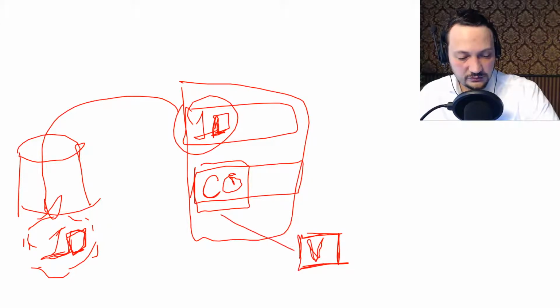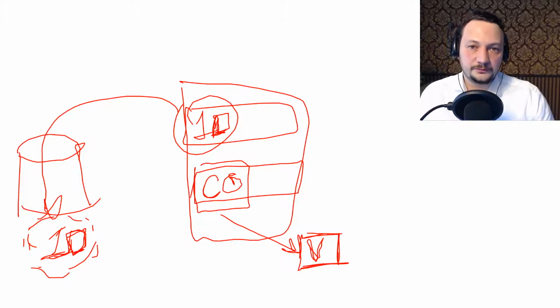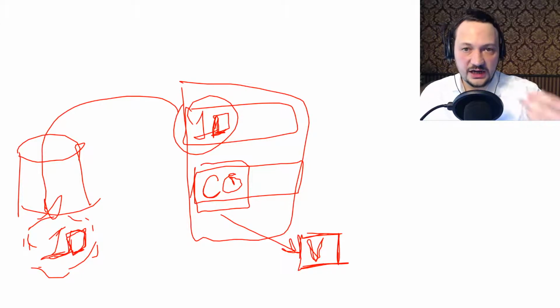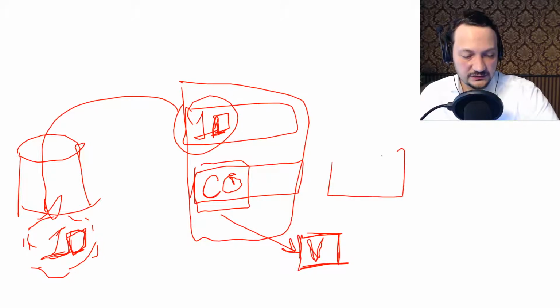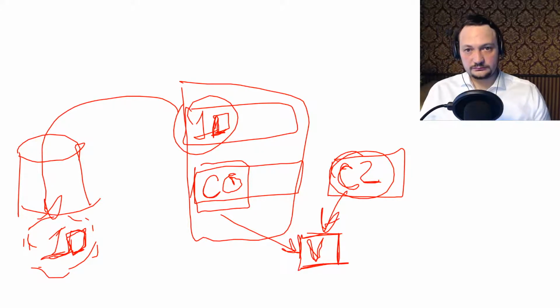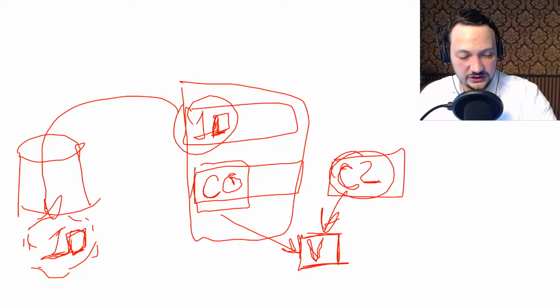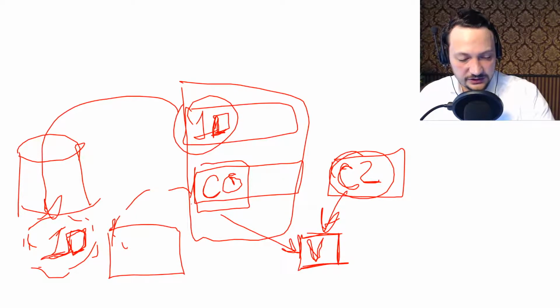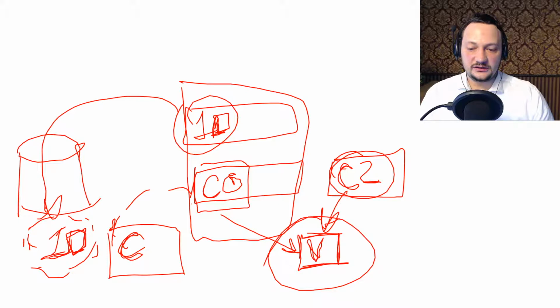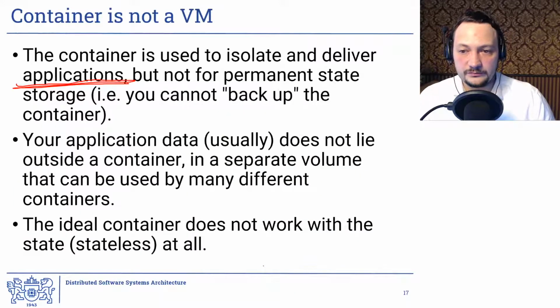And these volumes are external. They are located outside the container. And these volumes can be used by different containers simultaneously. So you cannot just go and back up the state of some database, because if you back up the container, the state would be lost, because all the state is located in the external volume.